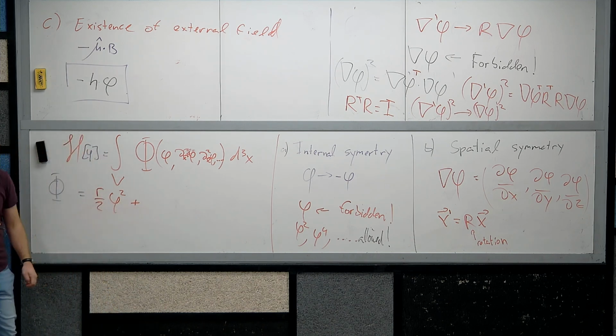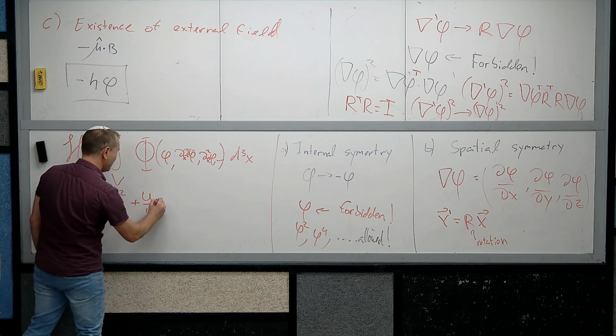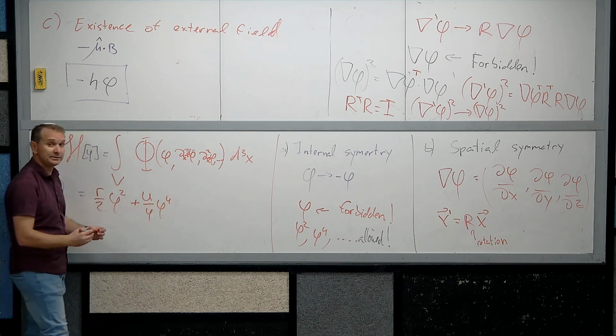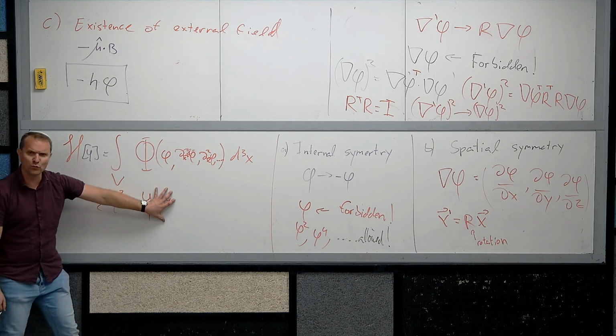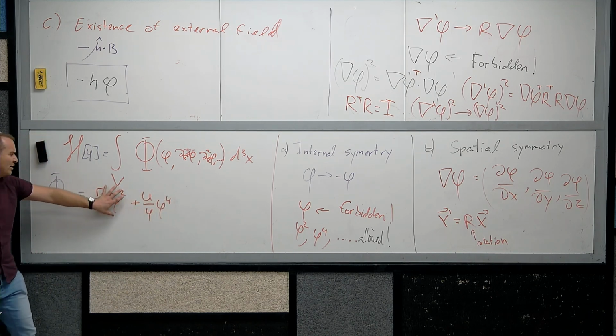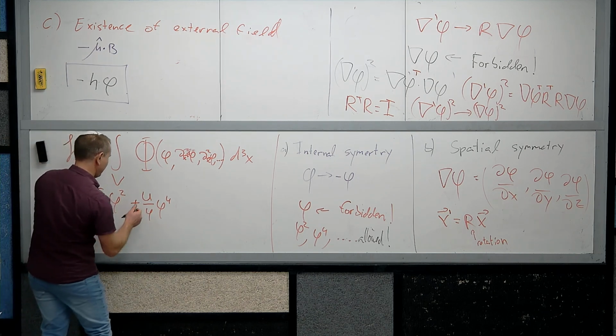Plus I will have u divided by 4 times phi to the fourth order. I will explain to you why to take this fourth order and not just phi to the second order. U over 2? U over 4. This is 4.